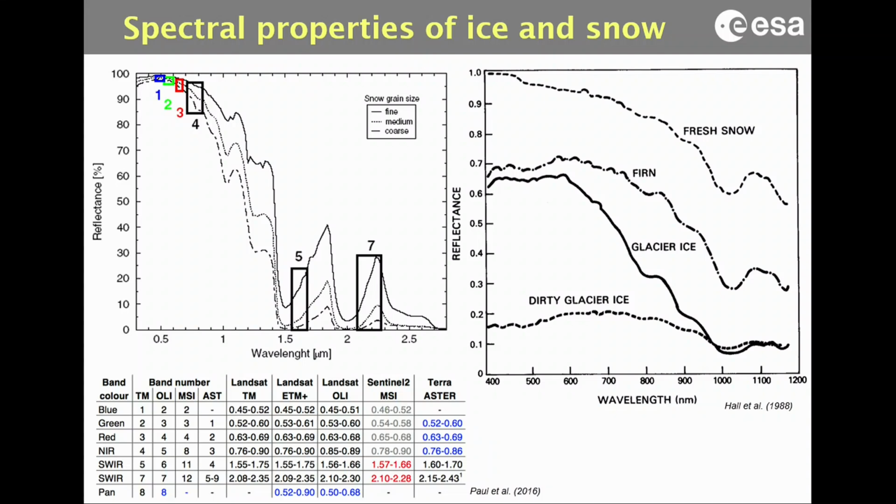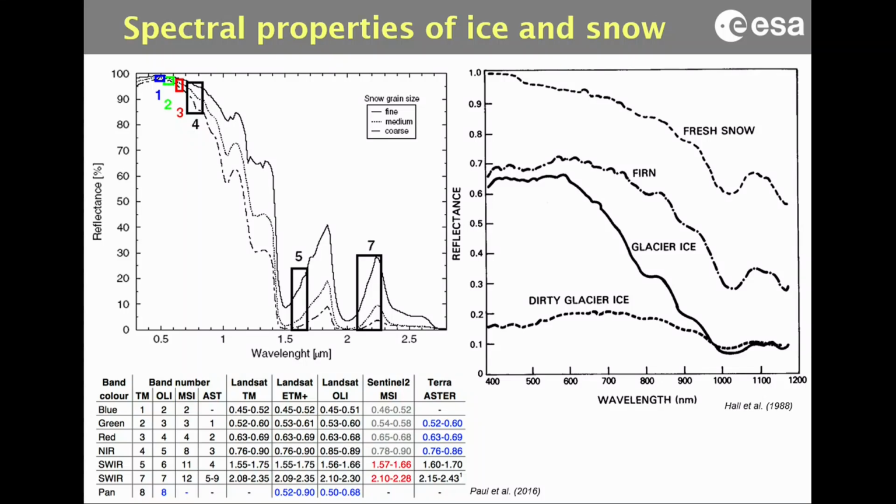And if you now imagine that glaciers are composed of snow with very large grain size, so to say, it is clear that glacier ice is here at the lower part of the curve, which means around 1.5 micron, and glacier ice has a reflectance of about 0.